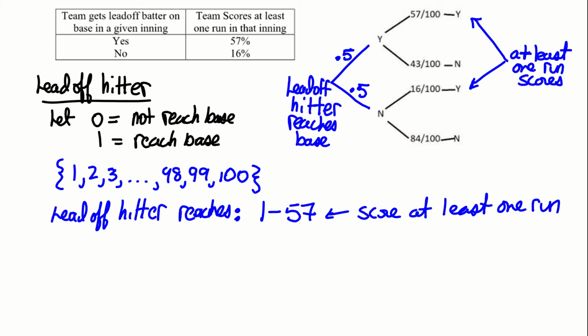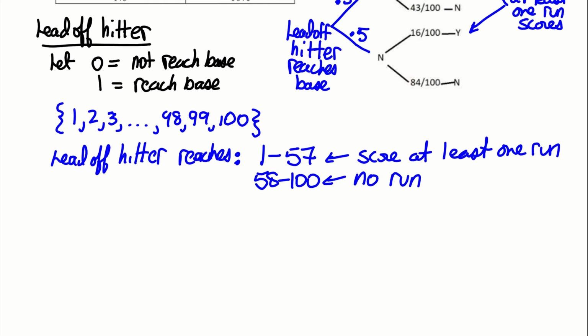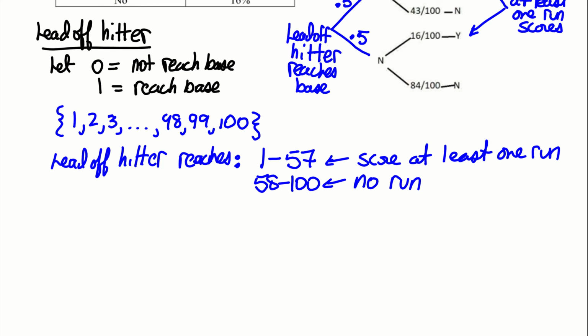The rest, 58 to 100, if you didn't score at least 1 run, you didn't get anything, so no run. And again, if you have absolutely no familiarity with baseball, a run is a point. If you like soccer or any other sport, there's a way in which you could achieve a success. A run is how you achieve success in baseball. That's how we keep score.